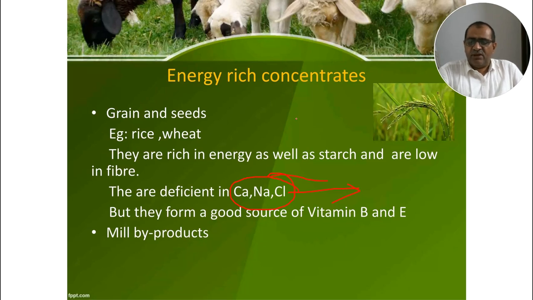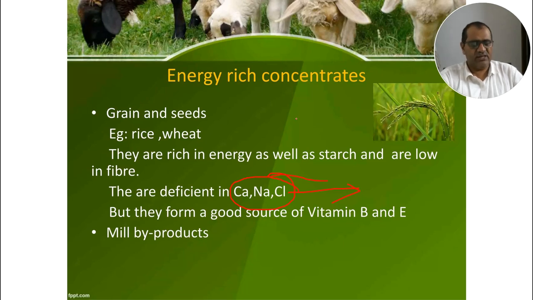Mill byproducts of these, for example rice bran and wheat bran, are very commonly used as easily digestible energy sources, and they are also very cheap compared to rice or wheat. At the same time, the human food resource cannot be exhausted for the sake of cattle rearing.